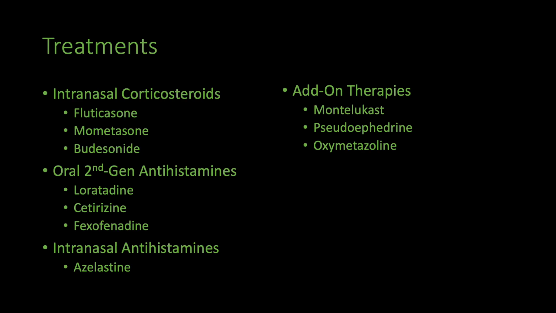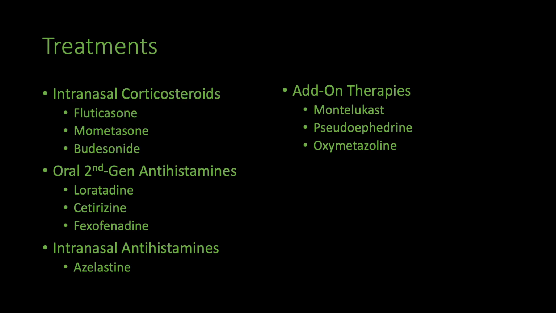I broke down some of the common medications used as treatments for allergic rhinitis. There isn't a whole lot to explain on this. Some of the mechanisms overlap because they work in the same way. The add-on therapies, you don't really see a lot.